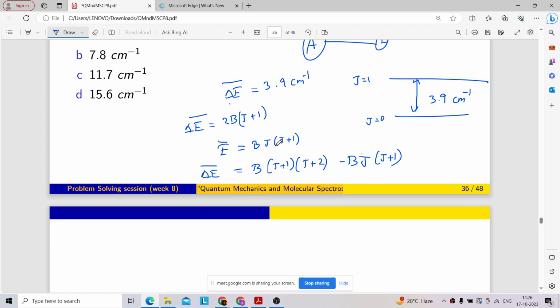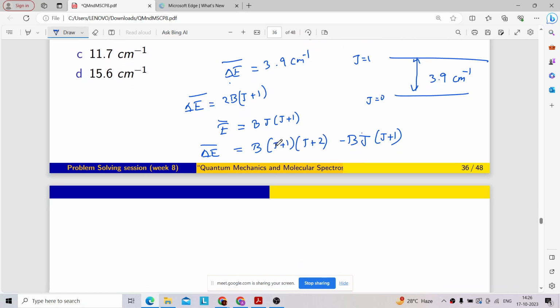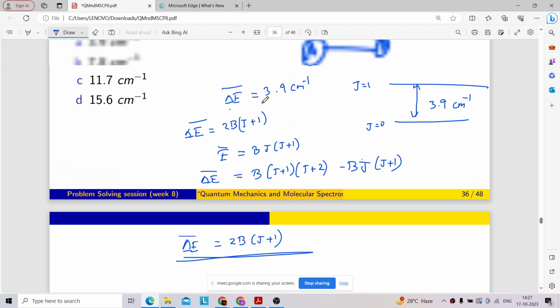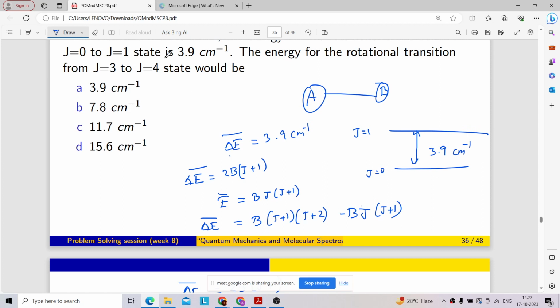If these are in terms of wave number, I am writing it with a bar. So if we take the difference, delta E bar will be 2B J plus 1, right? And this delta E bar is given for the 0 to 1 state.